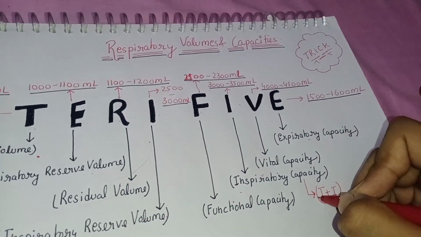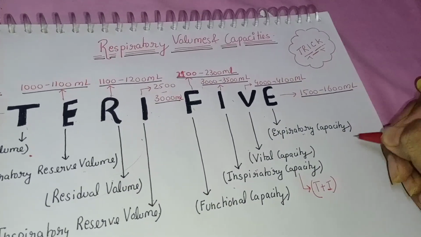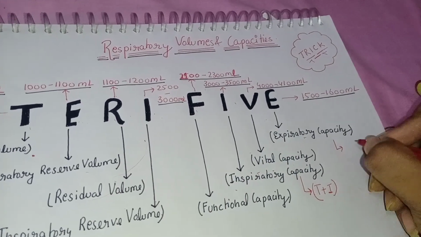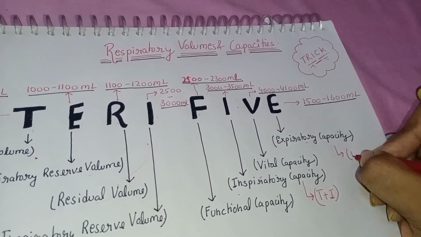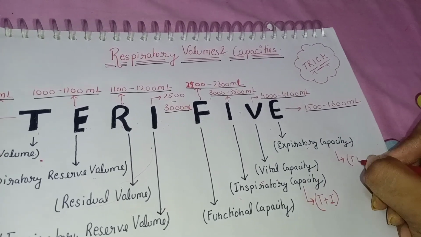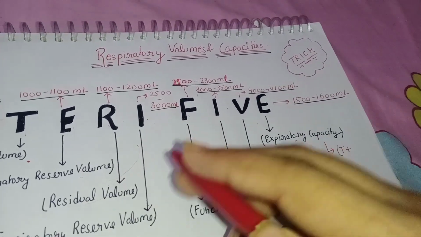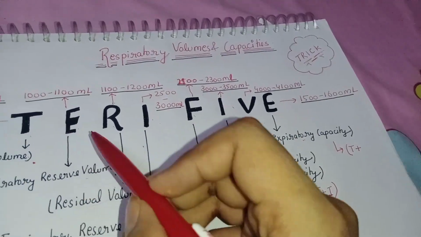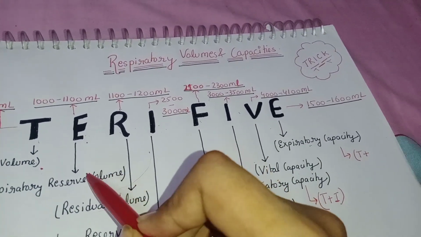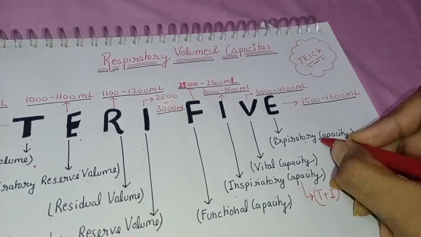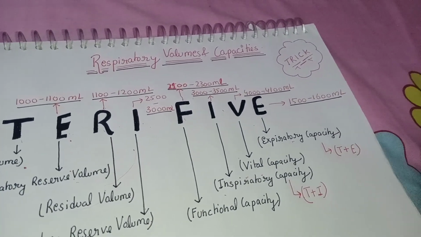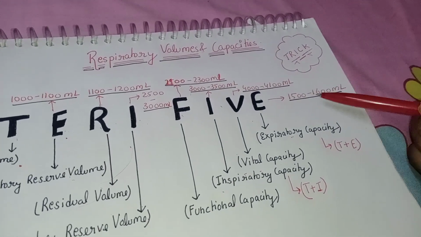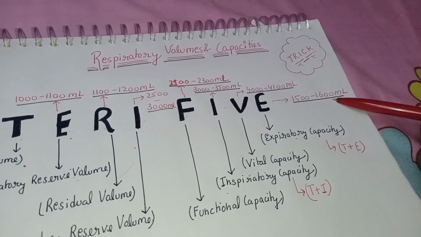Same in the case of expiratory capacity. T will be common in both expiratory capacity and inspiratory capacity. When we combine tidal volume with expiratory reserve volume, then we will get the expiratory capacity, which is about 1500 to 1600 ml.